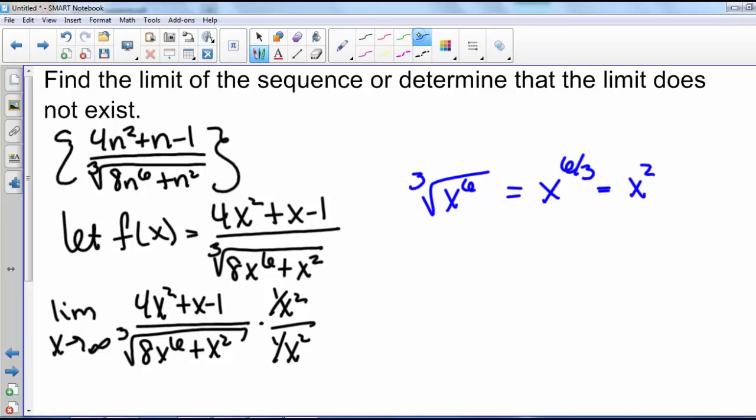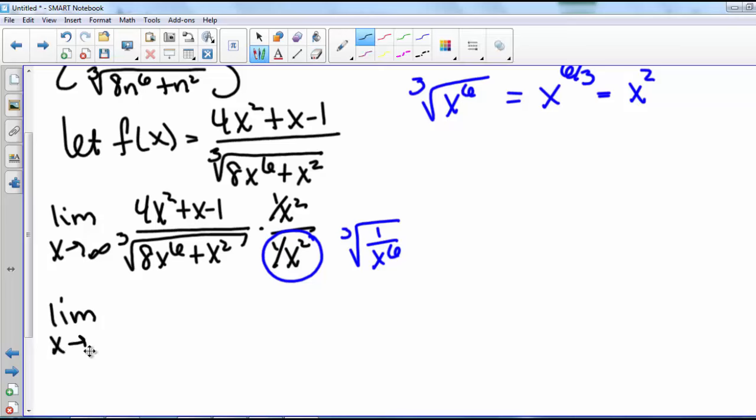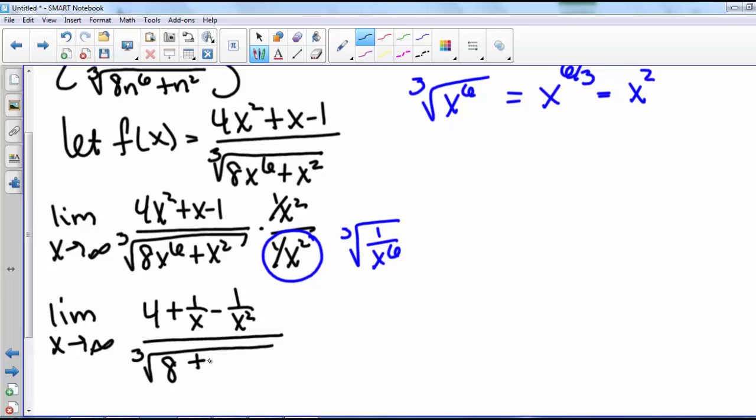And this one we're going to rewrite as the cubed root of 1 over x to the 6th. So now we have the limit as x goes to infinity of 4 plus 1 over x minus 1 over x squared over the cubed root of 8 plus 1 over x to the 4th. When we take the limit as x goes to infinity, these terms all go to 0.